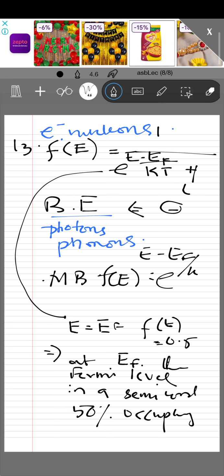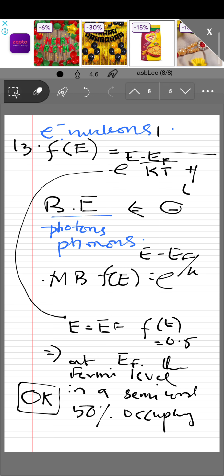Whereas in contrast, in a metal, the Fermi level is considered to be the highest occupied energy level at absolute 0, assuming that the measurement has been taken at 0 Kelvin.